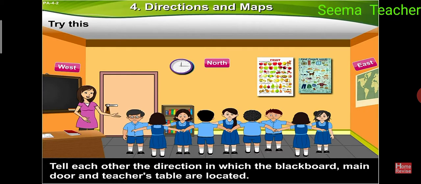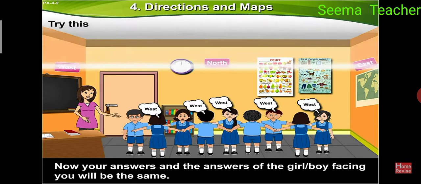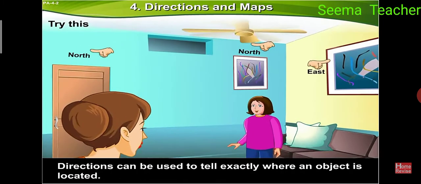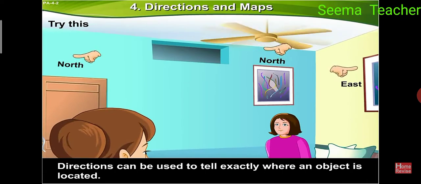Tell each other the direction in which the blackboard, main door, and the teacher's table are located. Now your answer and the answer of the girl and boy facing you will be the same. Direction can be used to tell exactly where an object is located.